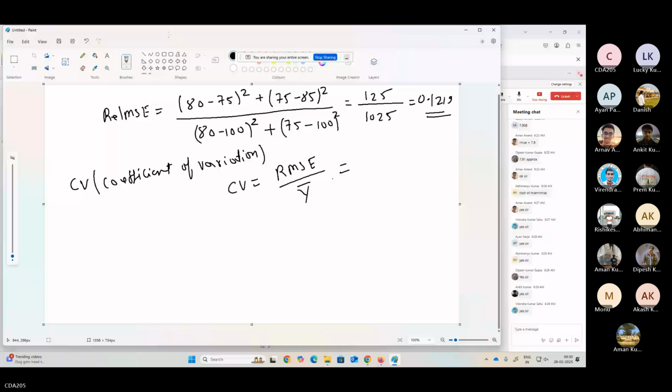That is 62.5 by 100. So what value we have calculated? Root mean square, what is the value? That is 7.91 by 100. So it will be around 0.08. Okay, everyone got this?